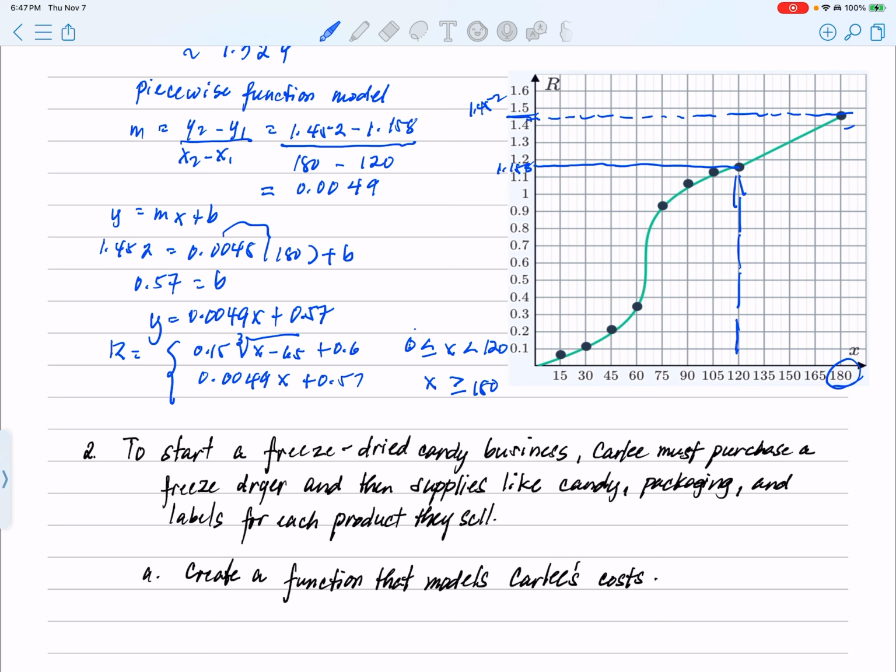So letter A is create a function that models Carly's cost. So that's the first step that we're going to do. All right, let's do this.